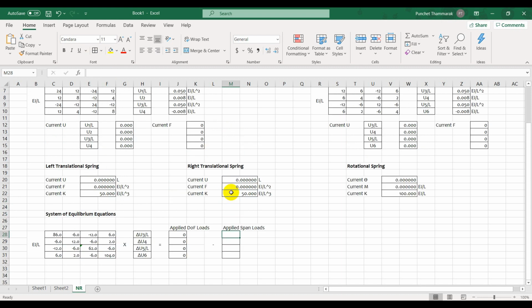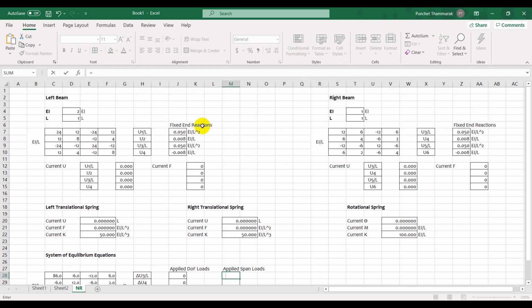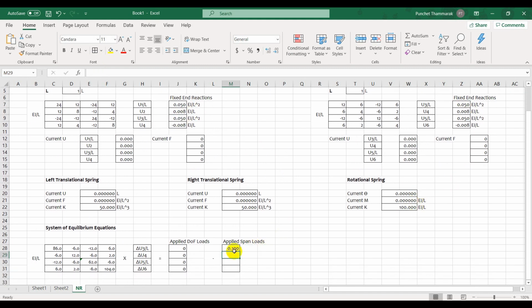So the span loads come from this plus this, and this is equal to this one.